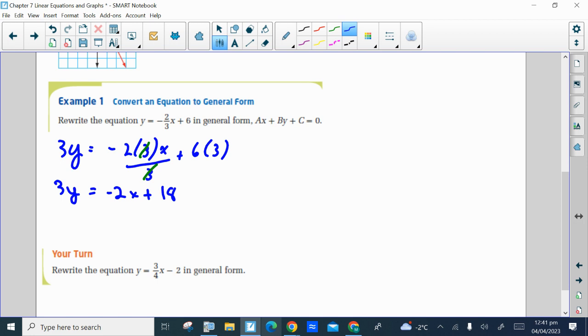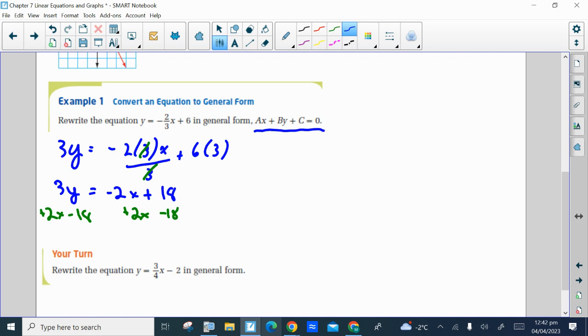But remember, for general form, again, it's ax plus by plus c equals 0. Everything on one side equal to 0 on the other. But we want the x term to be positive, and right now it's negative. So I would add 2x to both sides, and I would subtract 18 from both sides.